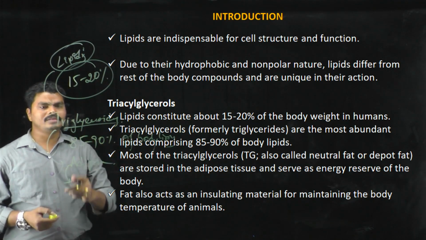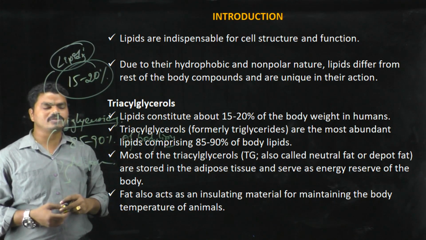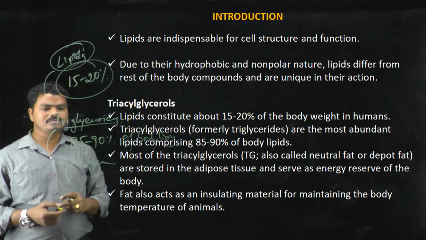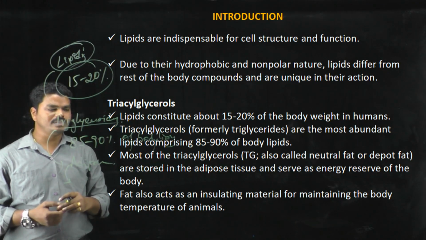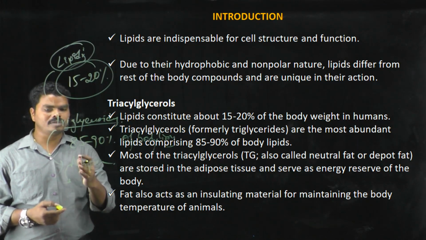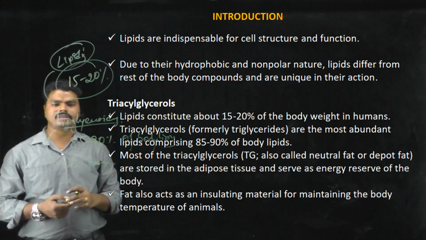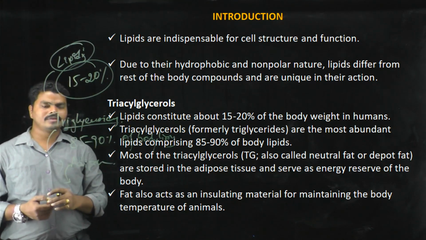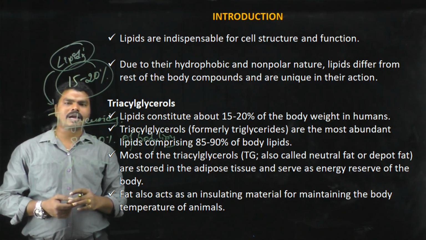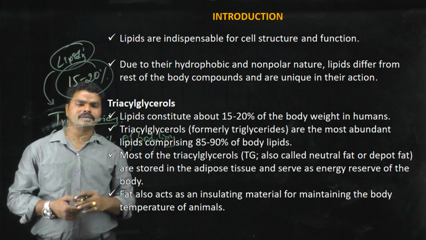These triglycerides are mostly stored in the form of fat in adipose tissue, and whenever energy is needed by our body, the stored fat is utilized for the energy needs. This fat also acts as an insulating material to regulate our body temperature.